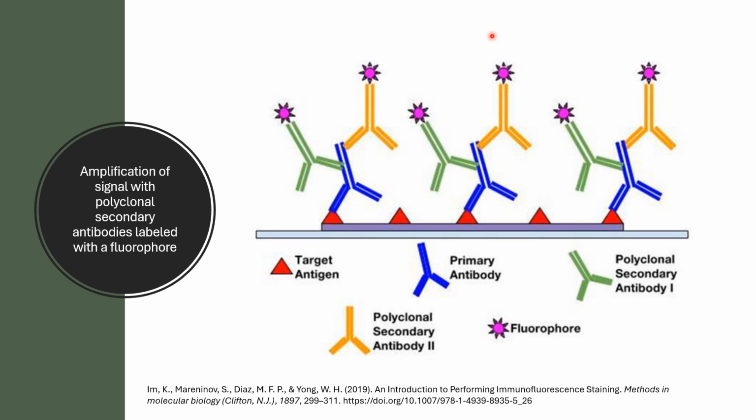For greater signal amplification, polyclonal or biotinylated secondary antibodies can be employed. For each primary antibody, polyclonal secondary antibodies that are able to recognize multiple epitopes to increase binding and signal levels can be employed.